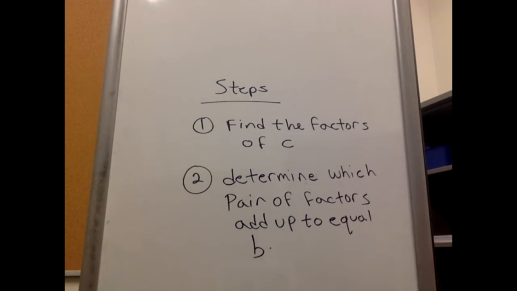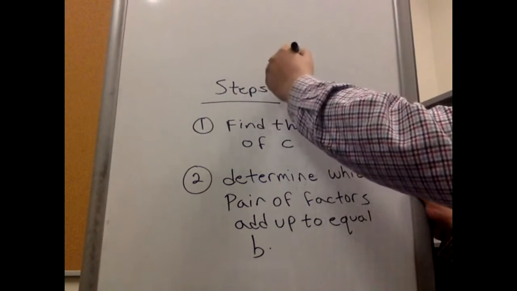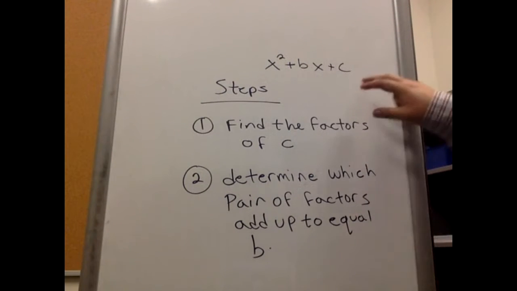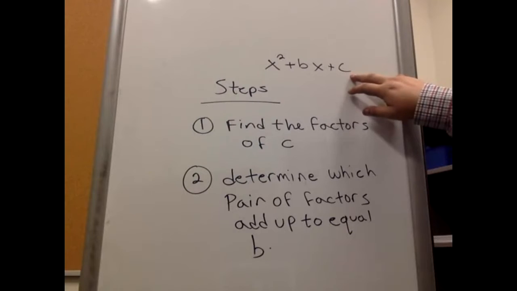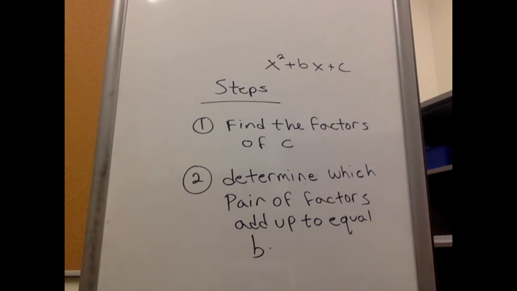When I'm talking about b and c here, I'm referring to this form as we said at the beginning. So this is c. We're going to find the two factors that multiply to give c, and those same two numbers need to add up to give us b. Okay? So let's take a look at some examples to hopefully give a clearer picture.